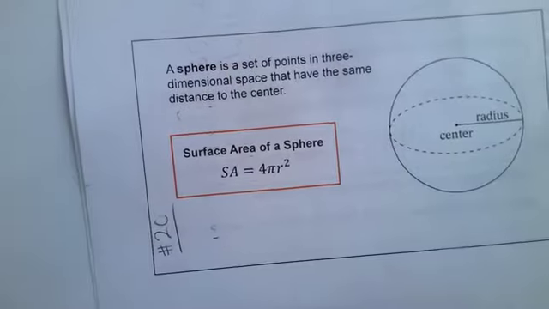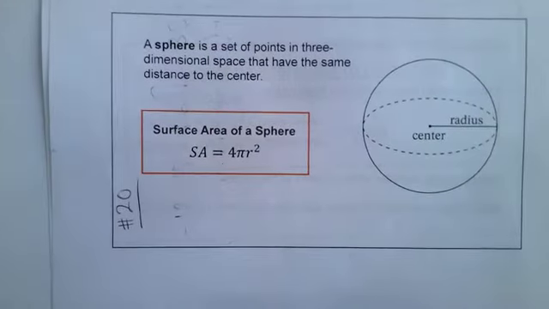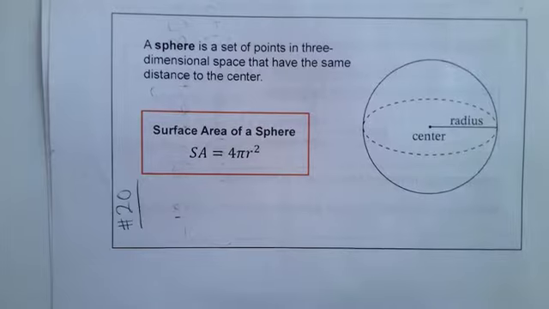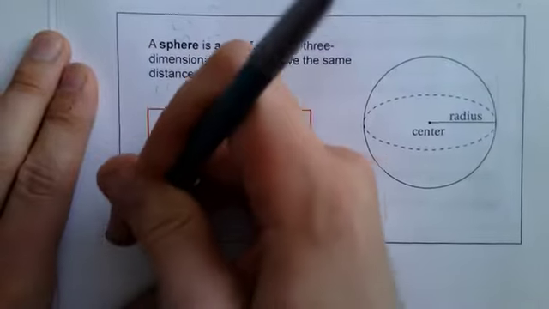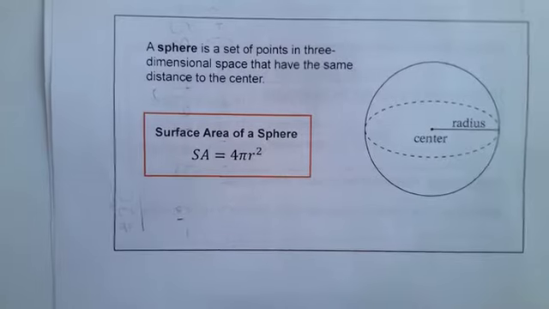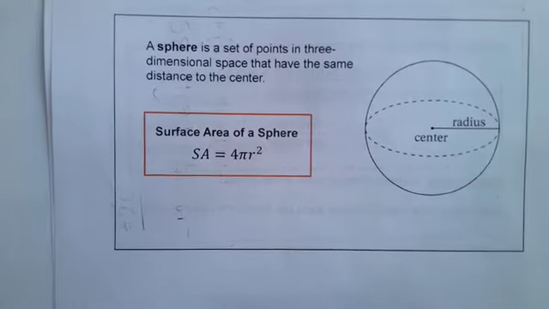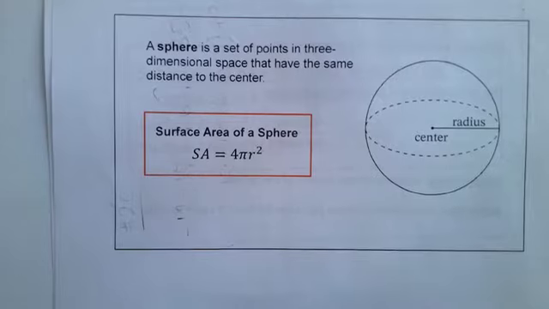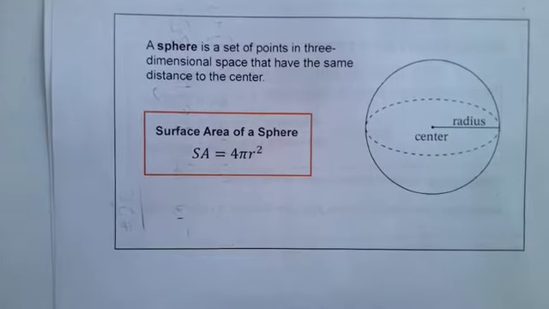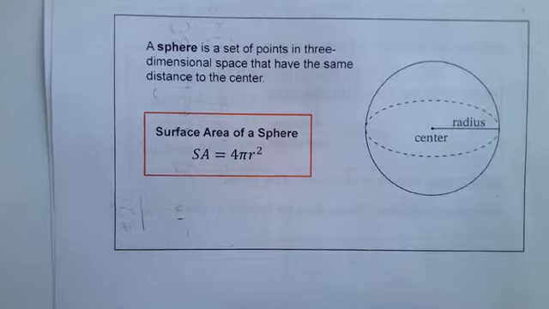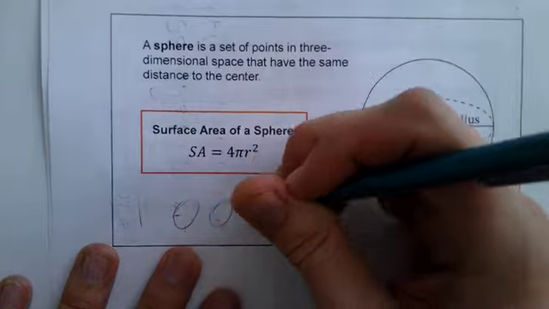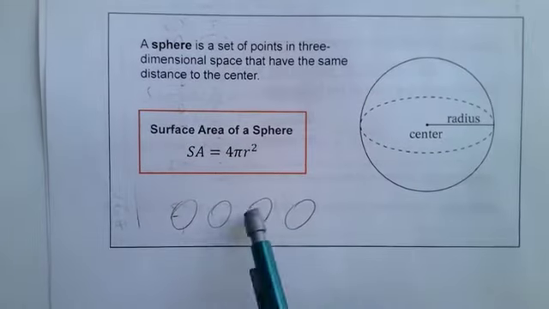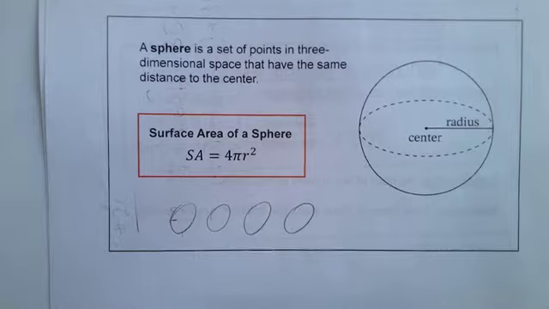A sphere, like we talked about last time, is a set of points in three-dimensional space that have the same distance to the center. And the formula for the surface area of a sphere is interesting. It kind of reminds me of the formula for the area of a circle, because the surface area of a sphere is given by 4 pi r squared. 4 times pi times r squared, which means that the surface area of a sphere is basically the area of 4 identical circles that have the same exact radius as the sphere you started with.